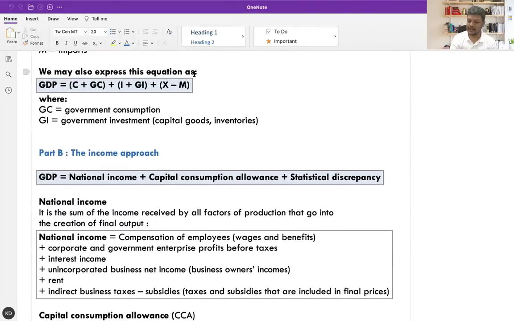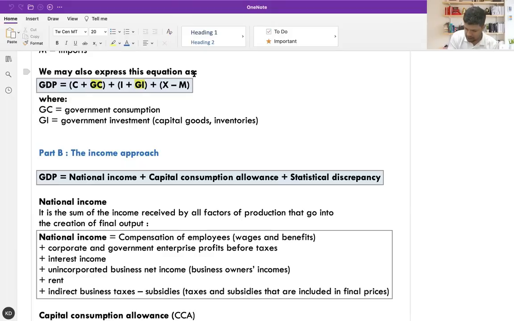If you notice, G I've expanded into government consumption and government investment. When I add government consumption and government investment instead of G, what happens now? I have two consumptions and two investments, one from business and one from government. Is that clear?